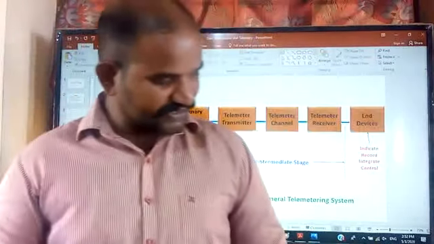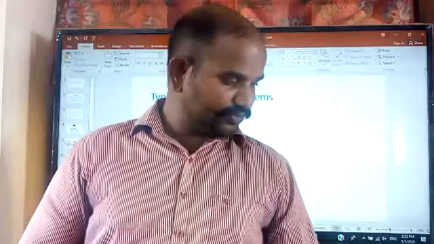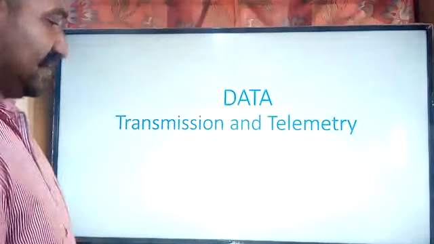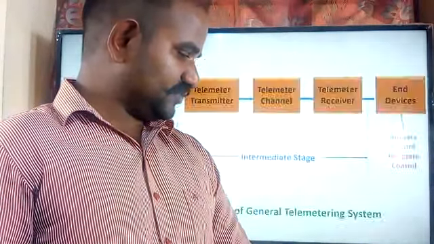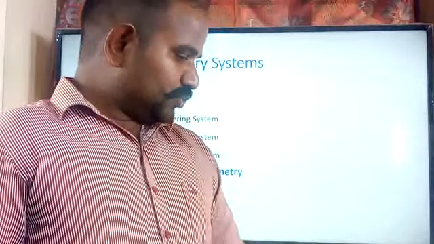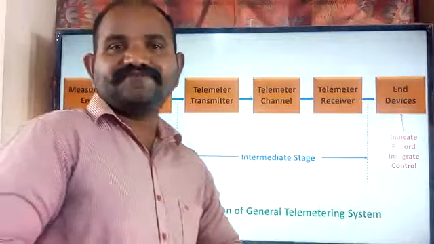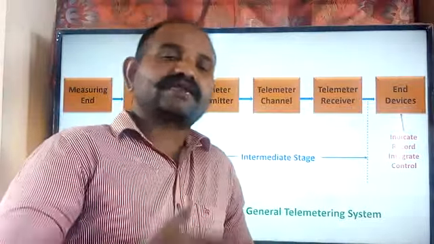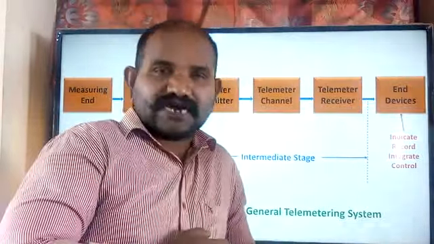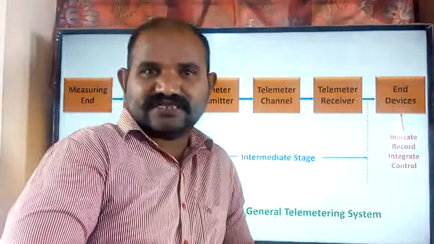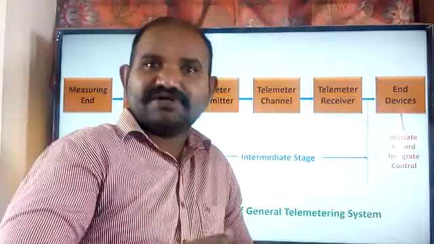In the present case, we are going to study electrical and electronic transmission. In electrical and electronic transmission, we are sending the information in terms of electrical signals like voltage, current, frequency, position, and impulse responses.